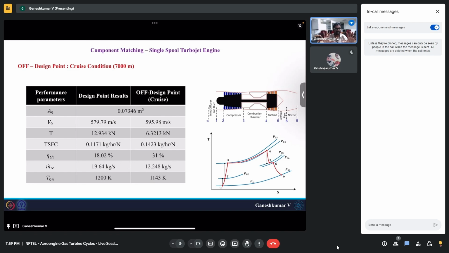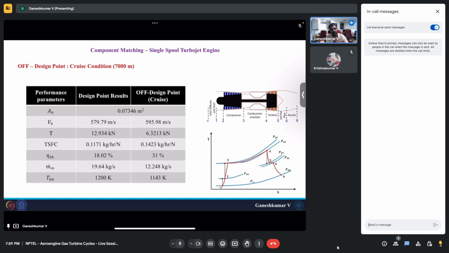Now in these different operating conditions, you need to find, if I want to run my engine at cruise condition at 7,000 meters at a flight Mach number of 0.8, you should know which point in the turbine map and which point in the compressor map you should select, which will lead to T04, which will give you T04 by T02.